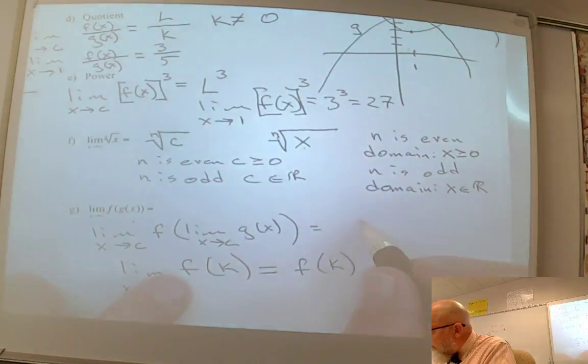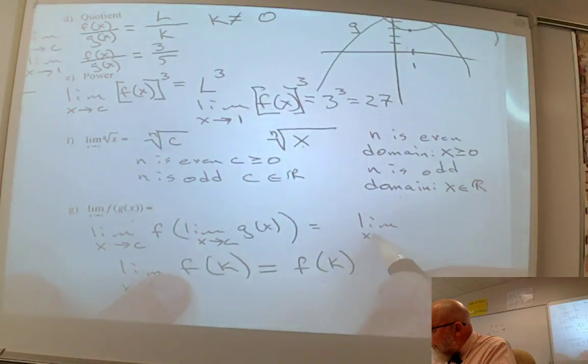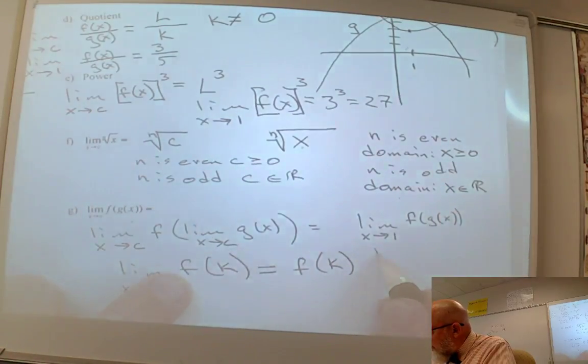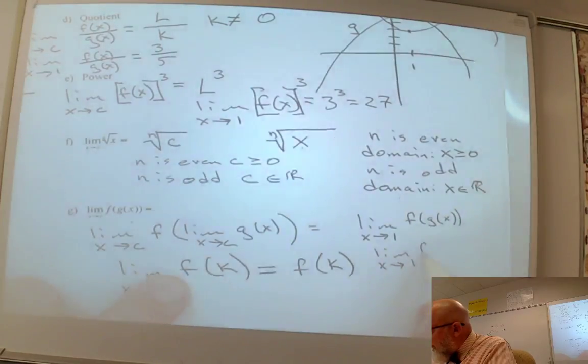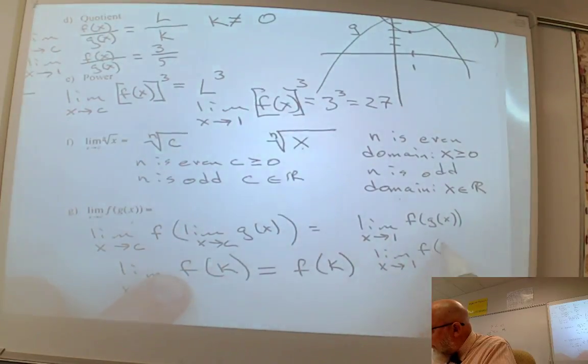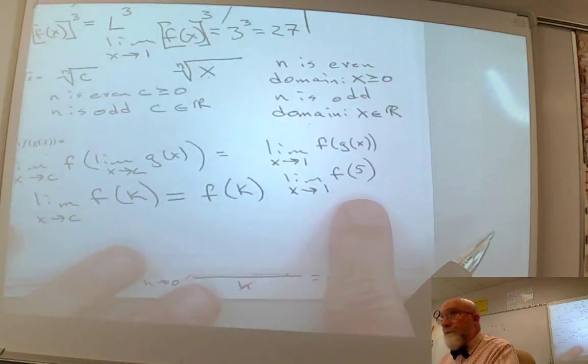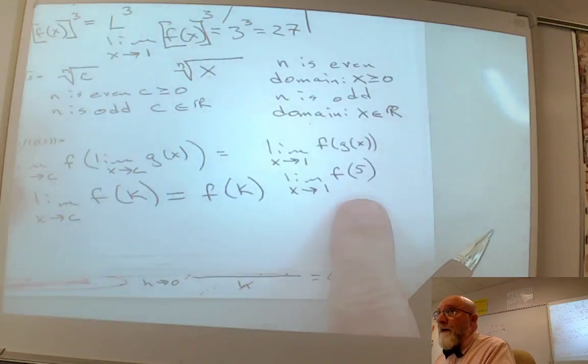In other words, in the example that I've given, this would be the limit as x approaches 1 of f of 5. Do you see where I get f of 5? Is f of 5 ever going to change?